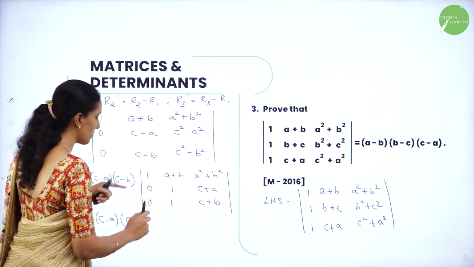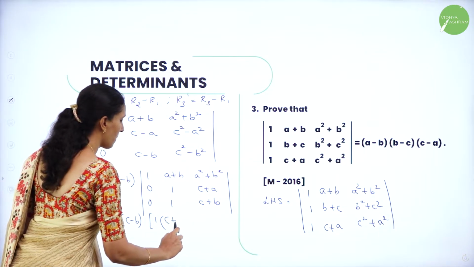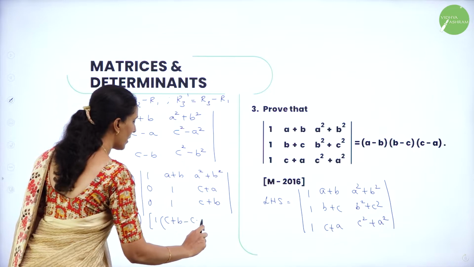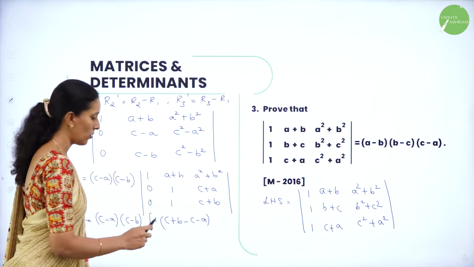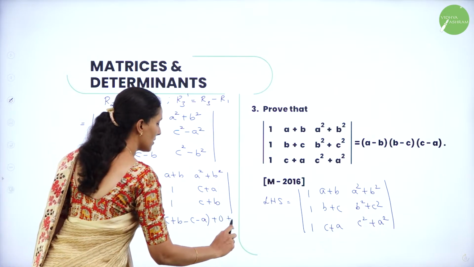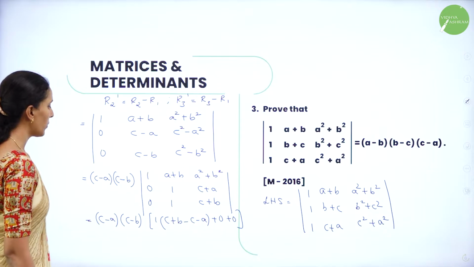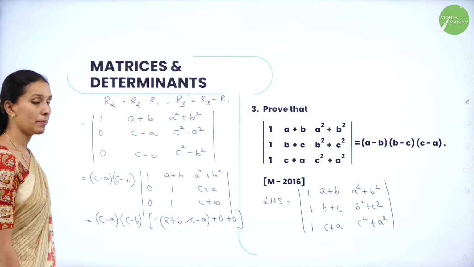Plus minus plus, we have 1 into C plus B minus C minus A, plus 0 into any factor 0, plus 0 into any factor 0. Clearly you can see here minus C plus C cancels, we have B minus A.